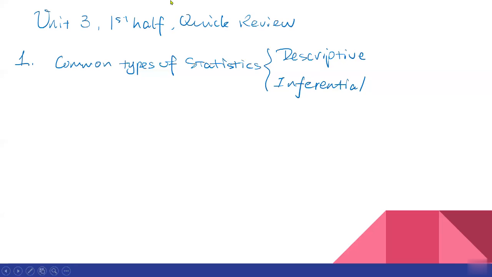And next, you should tell the difference between population and sample. What is a population and what is a sample in statistics? The measurement used to describe the population is called a parameter.